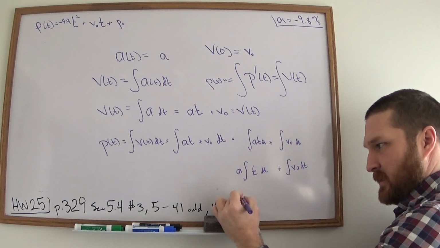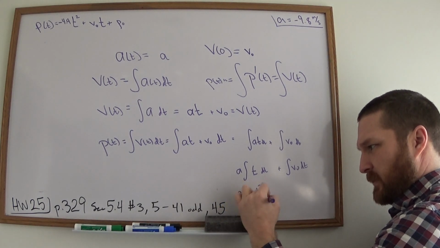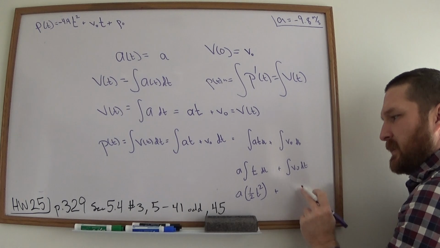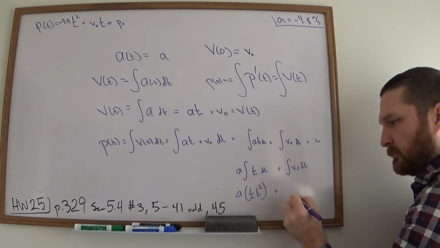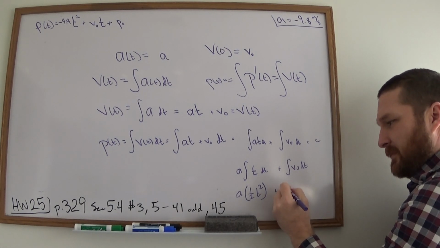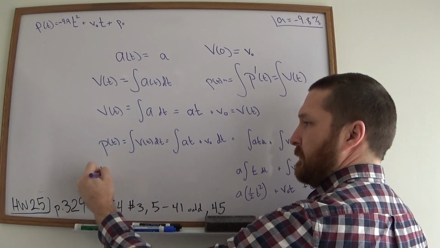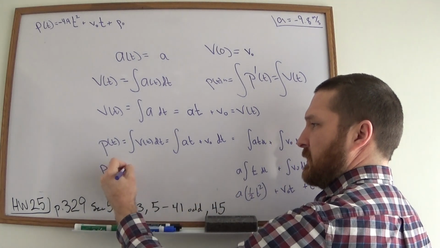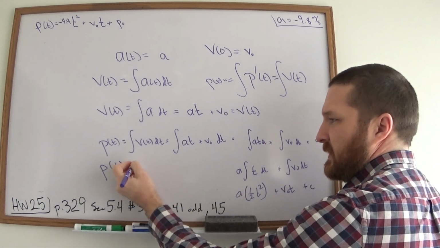One half t squared, so a times 1/2 t squared. And then what's the antiderivative of a constant? v0 times t, plus a constant. So let's see what we got. The position, at time t, is 1/2 times a, or how about 1/2 times a?